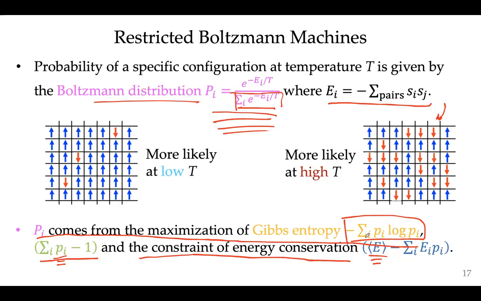So this Gibbs entropy, the probability condition, and the energy definition: if you maximize these, they give you the Boltzmann distribution.